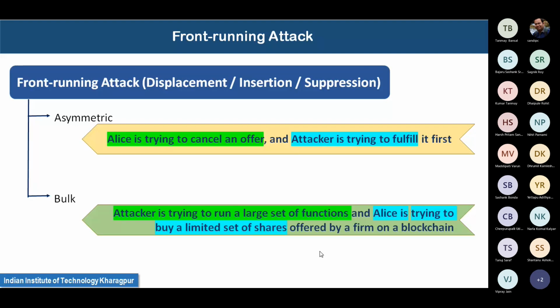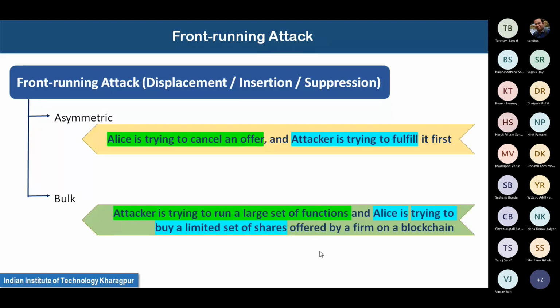But Bob, this time, assume that Bob has so many Bitcoins to sell to Alice. So as soon as the attacker sees that Alice is trying to cancel it, whatever the offer was before it was cancelled, the attacker will front run and put its own transaction that will actually fulfill that order of Alice.